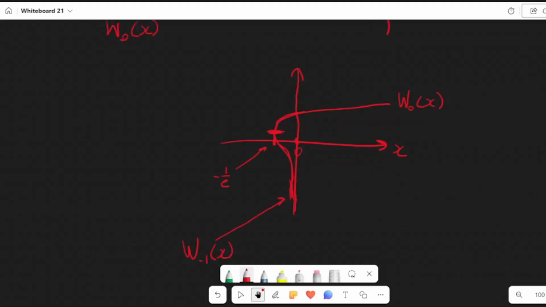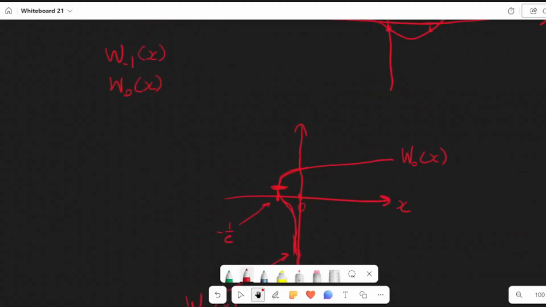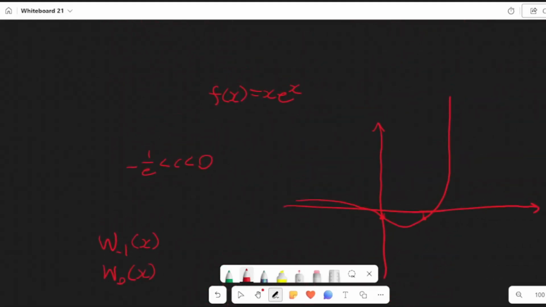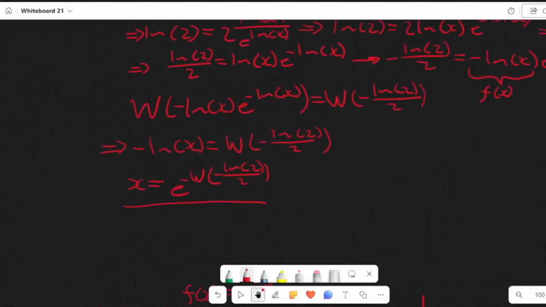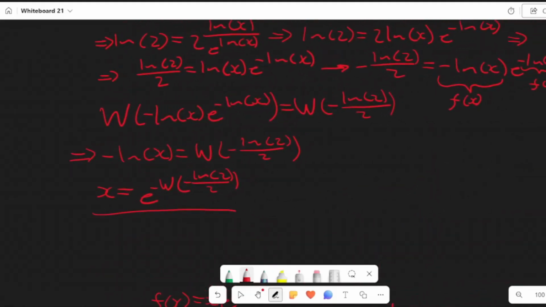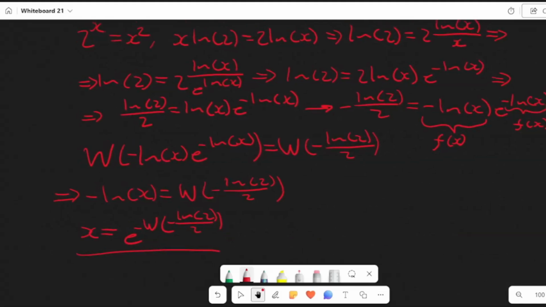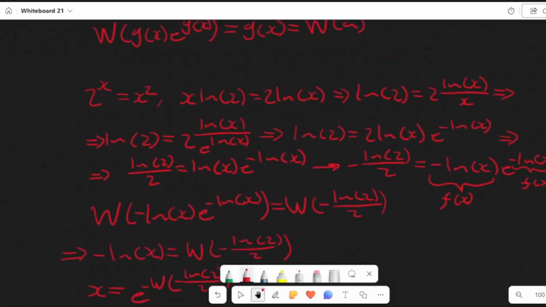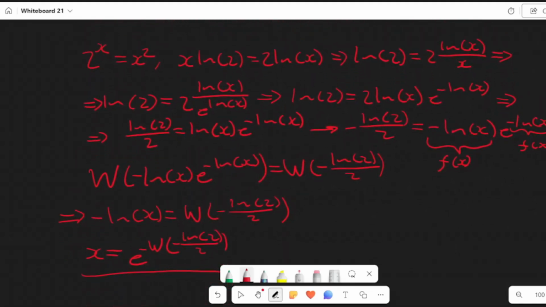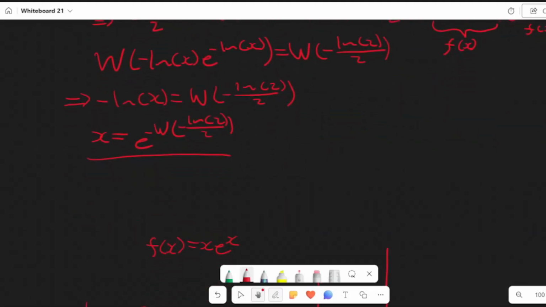So this is actually pretty interesting, since if we go back to our previous question, where we have x being equal to e to the negative W of negative natural log of 2 over 2 here. If you recall, we solved this equation, 2 to the power x equals x squared. We got this answer.